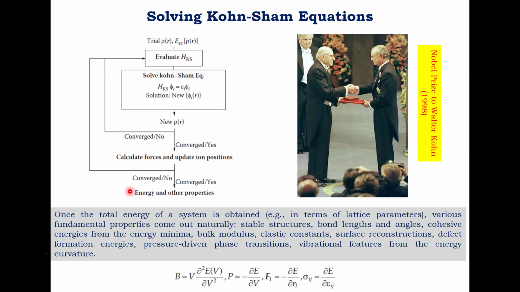Once we came into the 90s, computers became slightly powerful. Then this theory was actually implemented on the computer. Practically, we were able to obtain energies which were comparable with actual experiments. That was the reason it took more than 25 years for Walter Kohn to get the Nobel Prize for this theory.